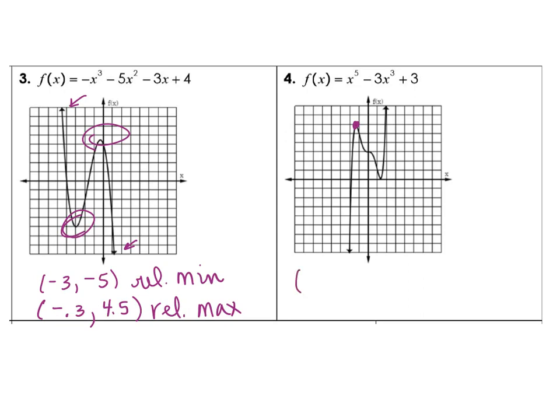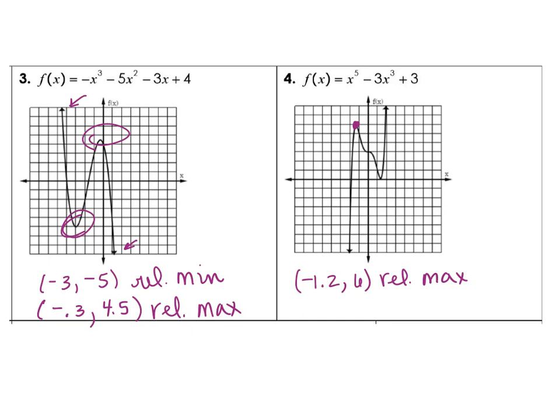And it looks like maybe -1.2, maybe 1.3, a little bit past 1. And then all the way up to about 6. And we're going to call that a relative max.